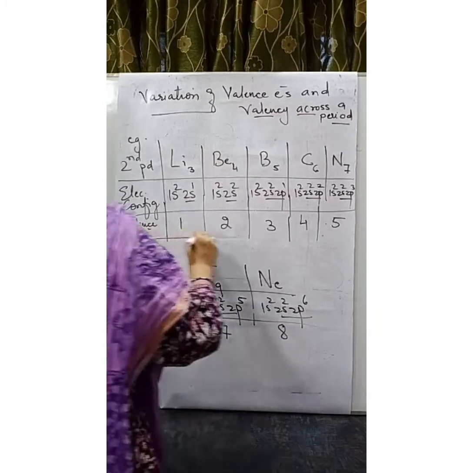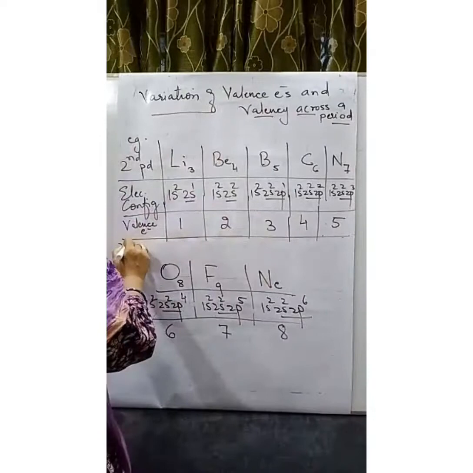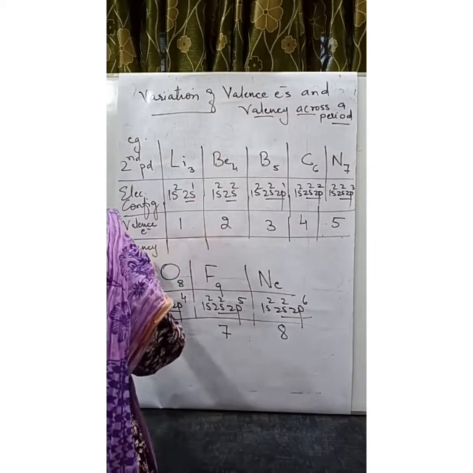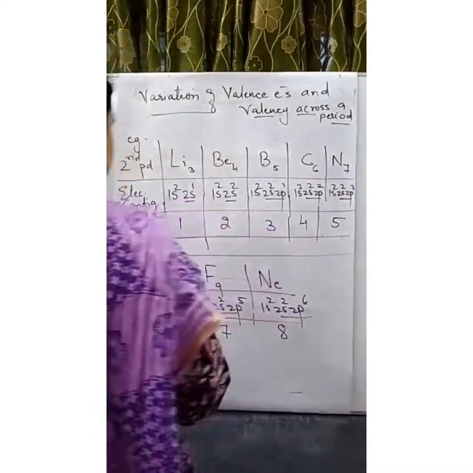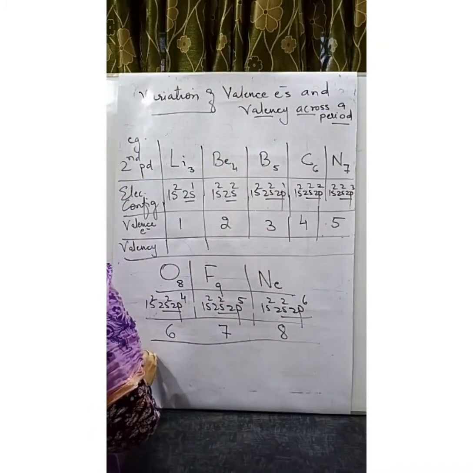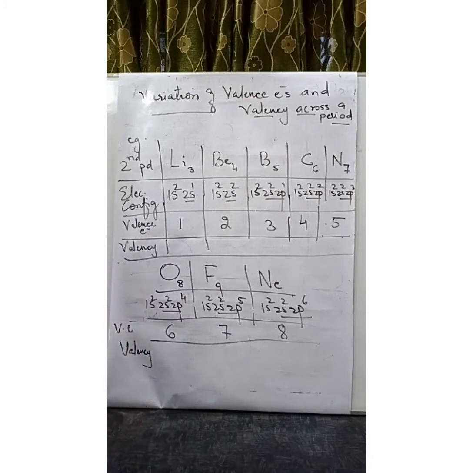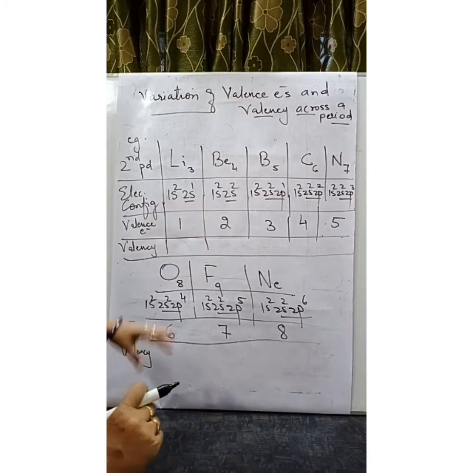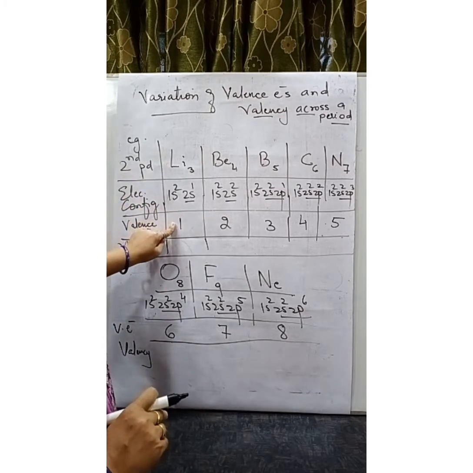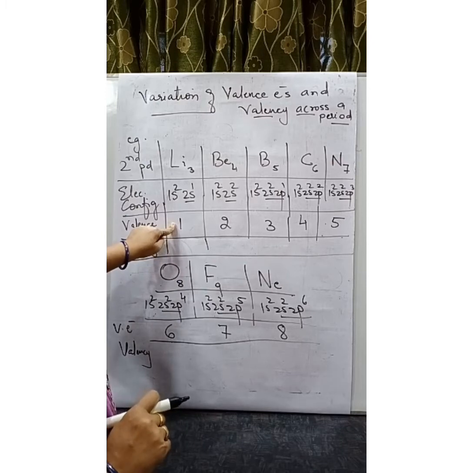Now, let us check the valency. Valency is basically the combining capacity of the element. We are writing valency here. You can write the period in one line, but because the space is less, that's why I am putting it down. Every element wants to complete its octet in order to attain stability.